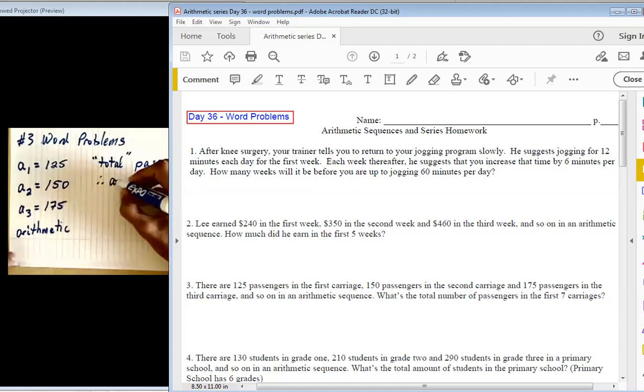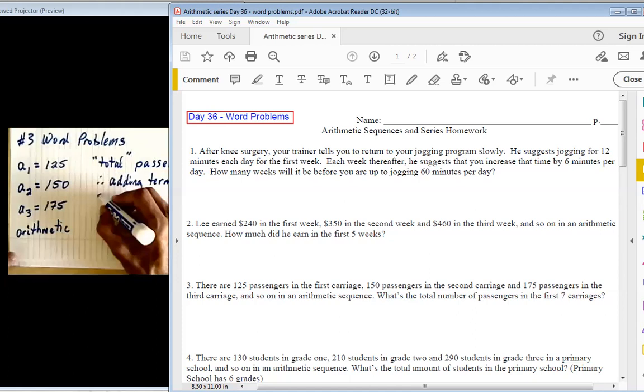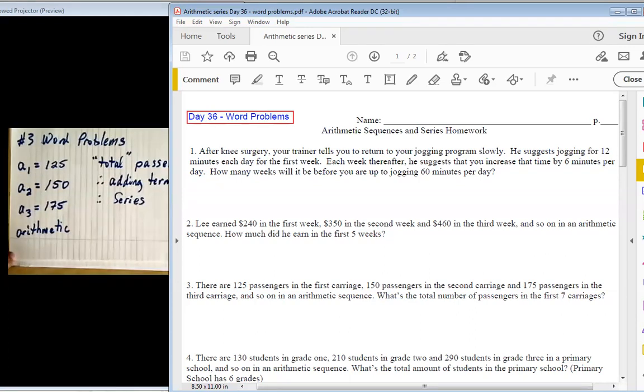And if you start adding terms together, then what you have is a series. Okay, and so that helps then figure out, oh, how do we start this thing?